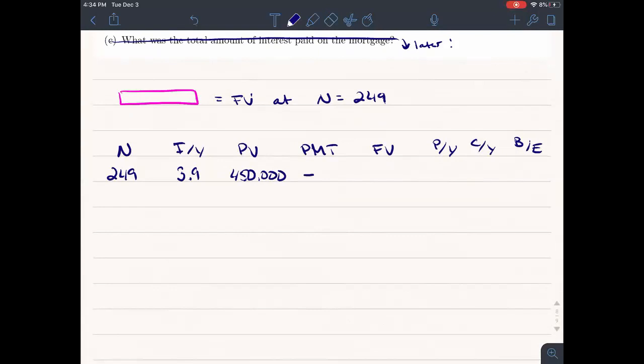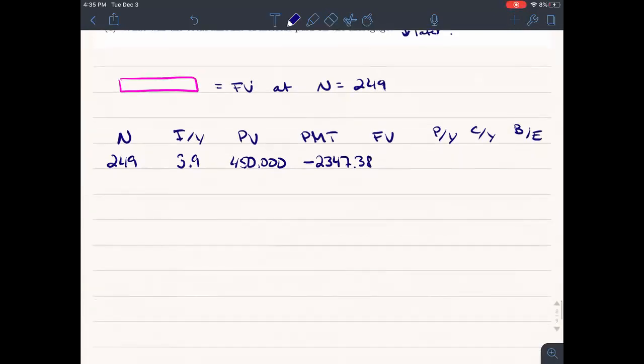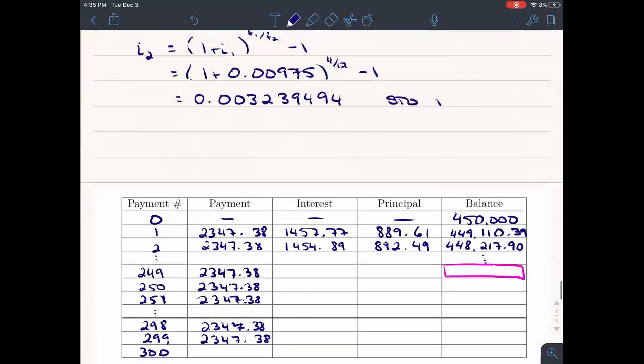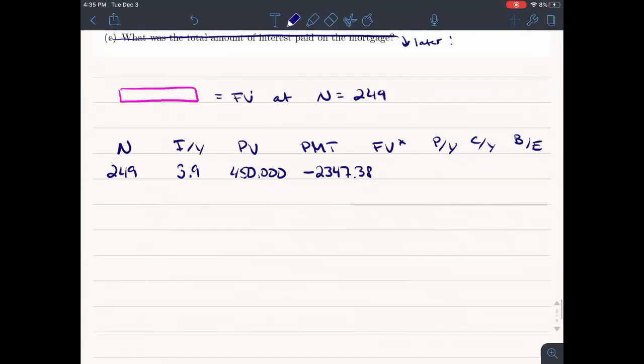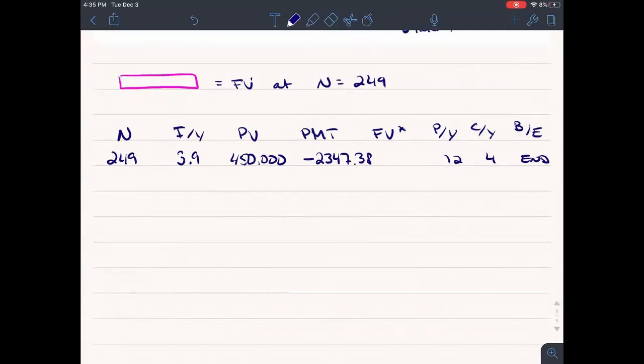I have to make my payment negative, otherwise I'm just taking out more loans. 2347.38. The future value is what I'm trying to solve for. And my payments per year and compoundings per year all stay the same, 12 and 4, and end. So I can go ahead and find my future value.